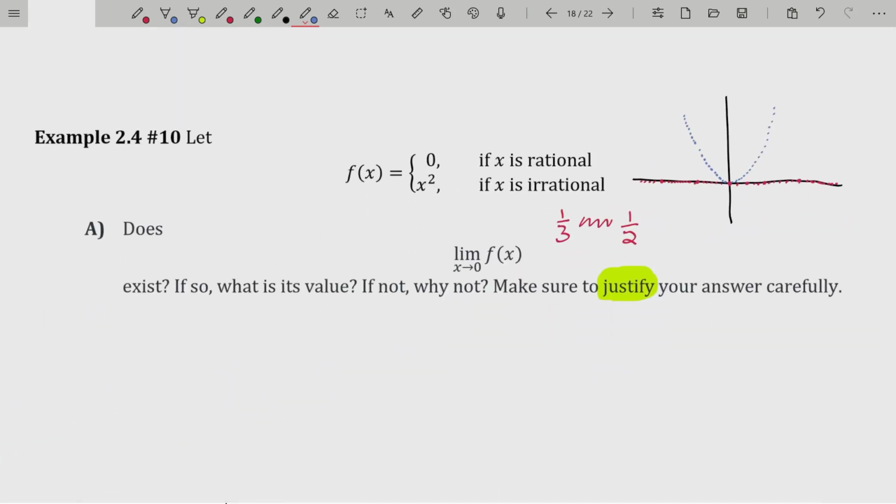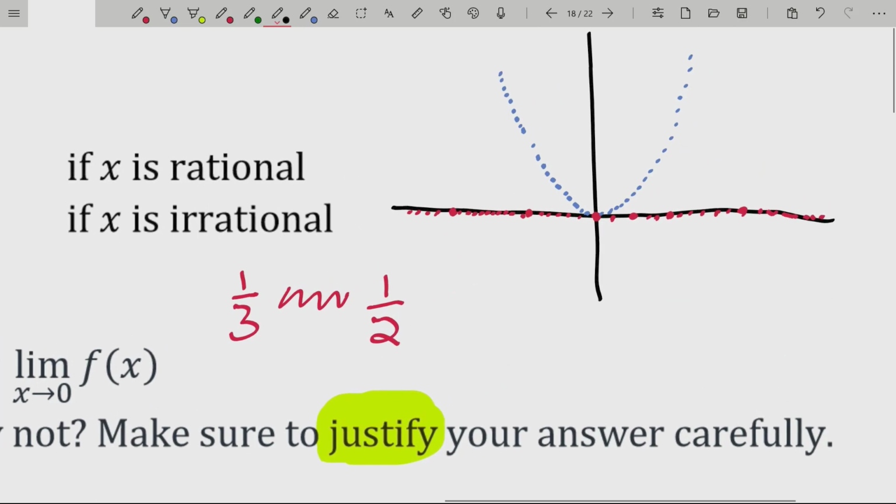So you could do this using an epsilon delta proof, the proofs that I've been doing. However, I want to showcase that you do not have to always rely on the epsilon delta proof. So what can you do? Well, here's the deal. f of x is always greater than or equal to 0, isn't it? I mean, look at the drawing.